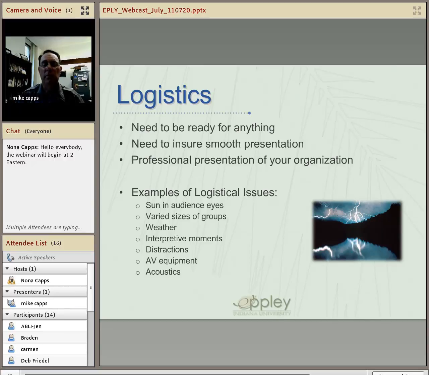That's going to interfere with the effectiveness of your program. Varied sizes of groups. If you're dealing with a group of 10, 12 visitors, you will relate to them on a much different basis than if you're dealing with a group of 150 fourth graders. It's just a fact. You're going to have to change your style and your approach a little bit.